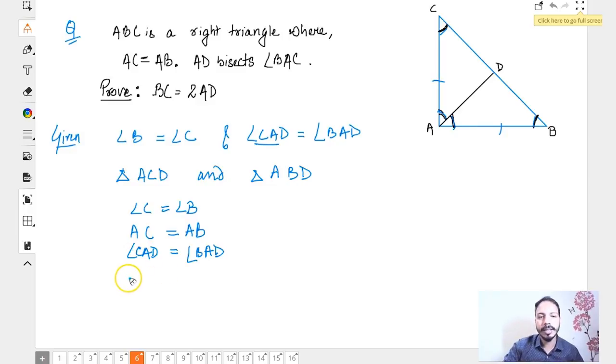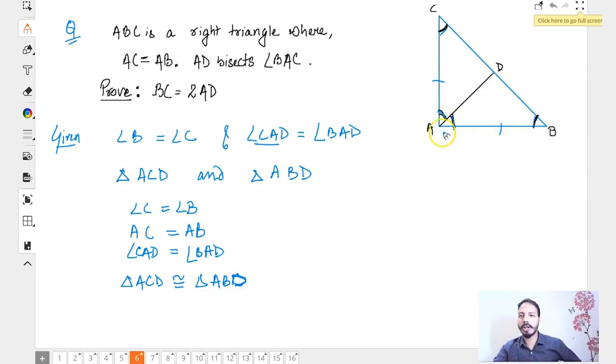So I can say that this triangle ACD is congruent to triangle ABD. So these two are corresponding triangles, congruent triangles.